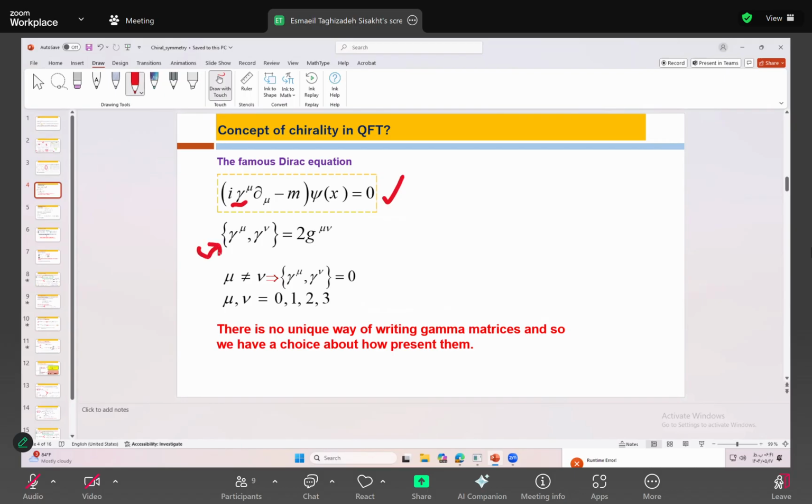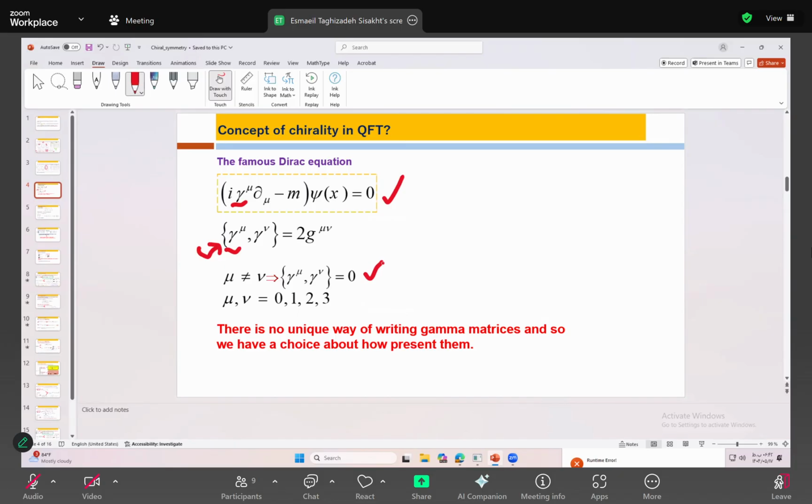obey this algebra called the Clifford algebra, and we have a sort of anti-commutation relations here. Each of these gamma matrices obeys this anti-commutation relation, something similar to what we have in Pauli matrices.